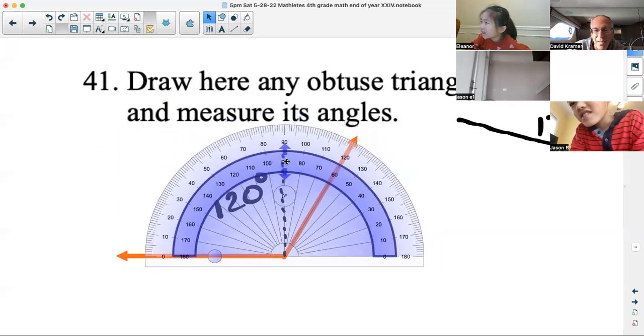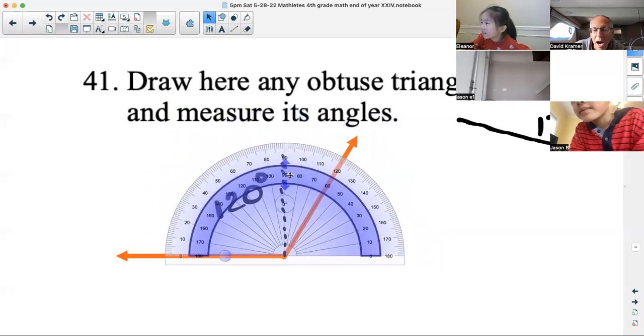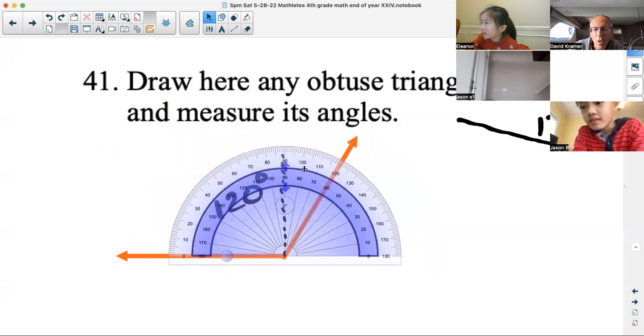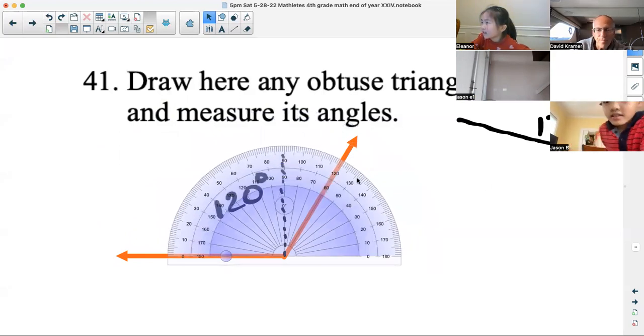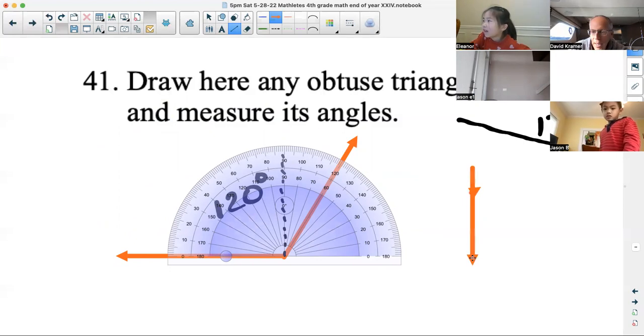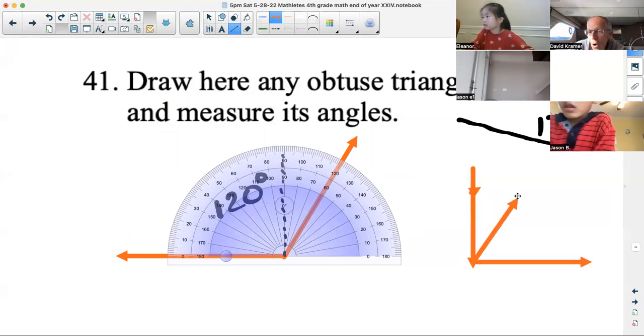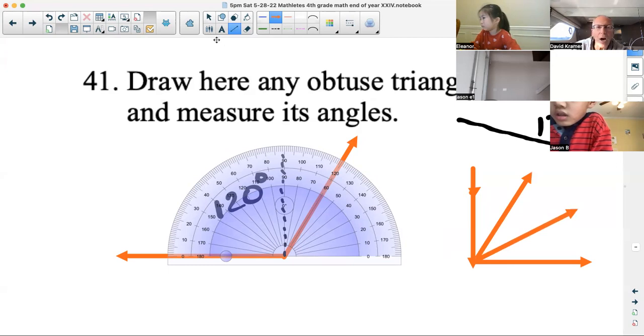That surprises Mr. Kramer because I didn't think I was going to be that accurate. But do you know what I remembered? I remembered when we were taking the 90-degree angle into 3 parts, and I thought that part looked almost exactly like a 30-degree angle.